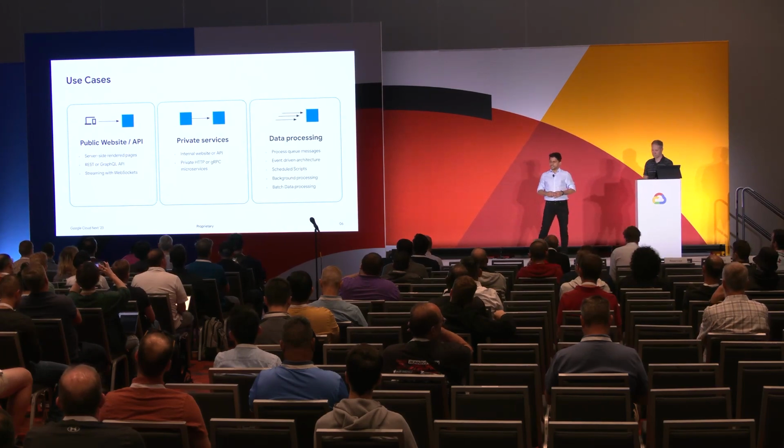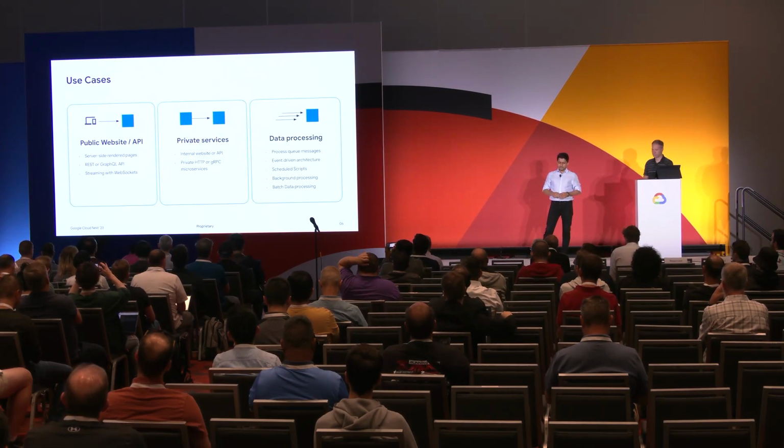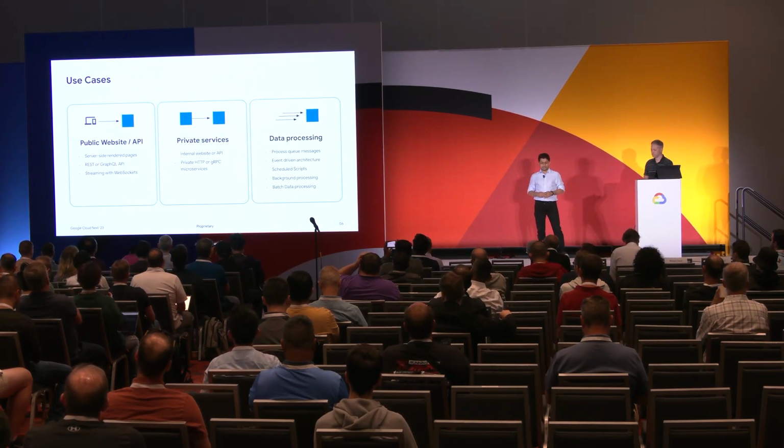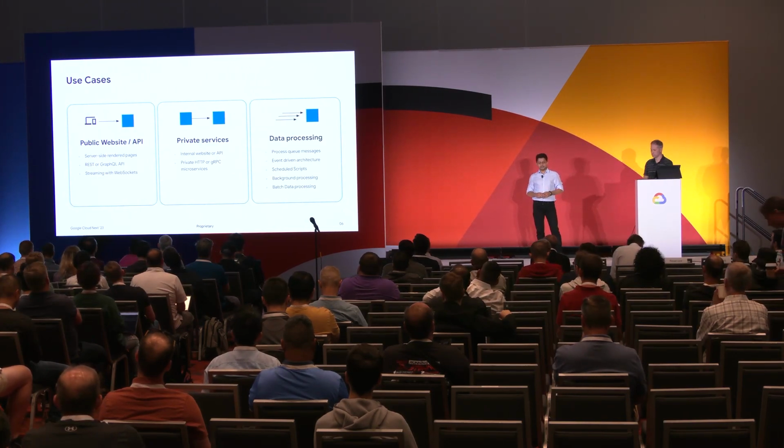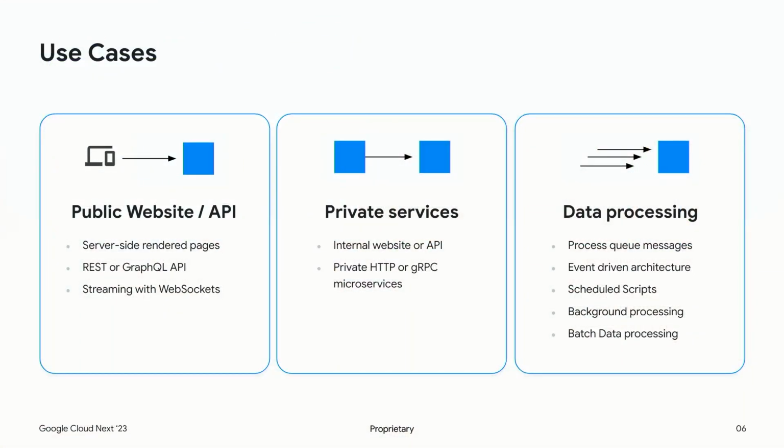So what are the use cases of Cloud Run? Hosting public websites, APIs, where users can render server-side pages, REST or GraphQL APIs, bidirectional streaming with WebSockets, or hosting private services, internal-only services that can talk over private network with each other, which may include websites, APIs, or HTTP or gRPC-based microservices.